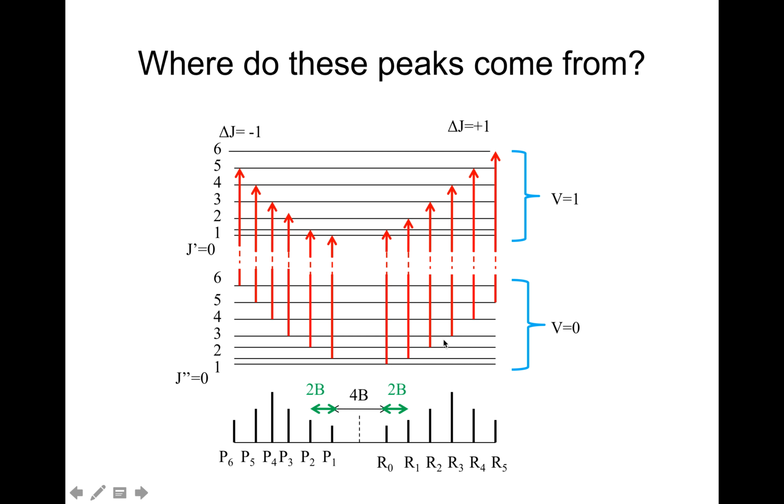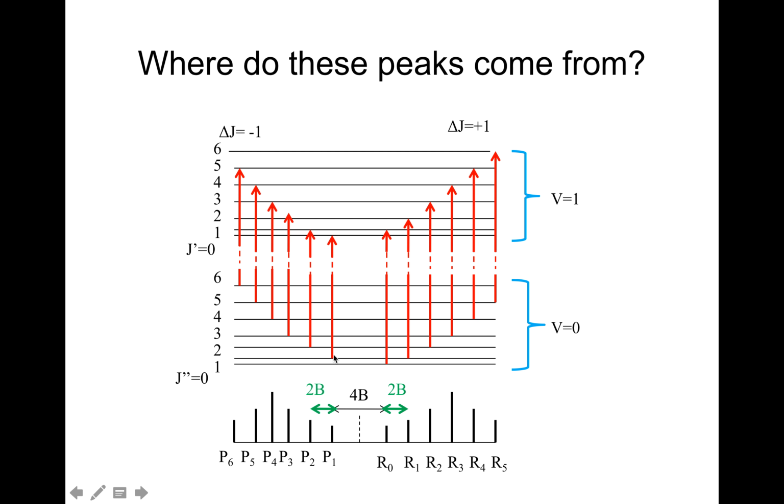The transitions are shown in red arrows, with the first transition here J double prime being equal to 0, and in the next one J prime is equal to 0, 1, 2, 3, 4, up to 6. The transitions are between, for instance, that and that.